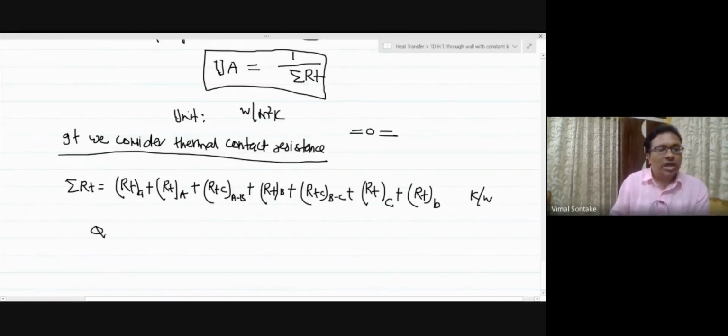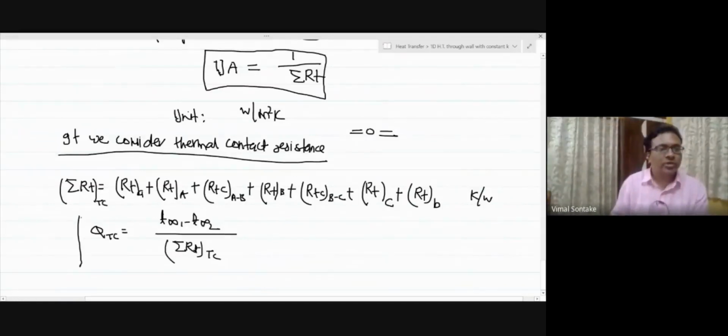And Q, considering thermal contact resistance, will be T infinity 1 minus T infinity 2 over summation of R_T suffix Tc. To differentiate this total thermal resistance from the one without contact resistance, I am using the suffix Tc.